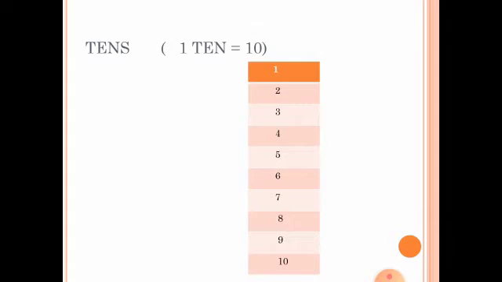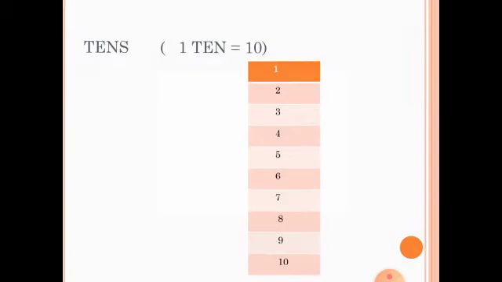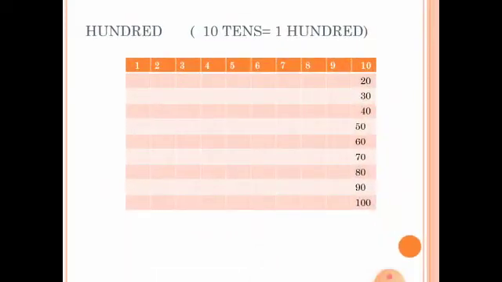But whenever we add one to 99, it will become 100, because 99 plus 1 is 100. 100 is a 3-digit number. It cannot come in the column of 10, so that's why we need another column of 100.